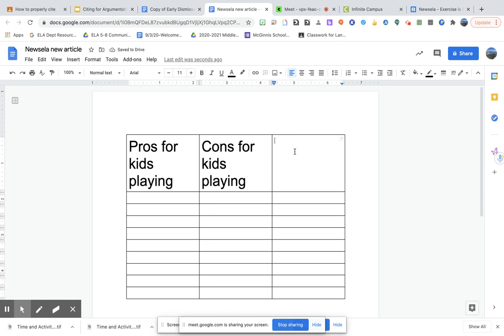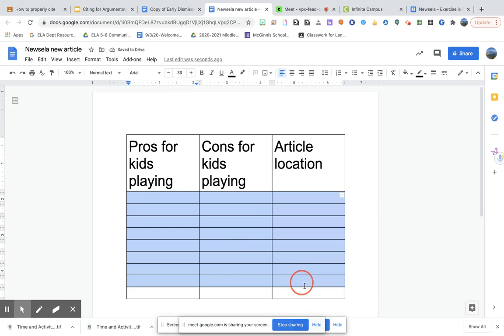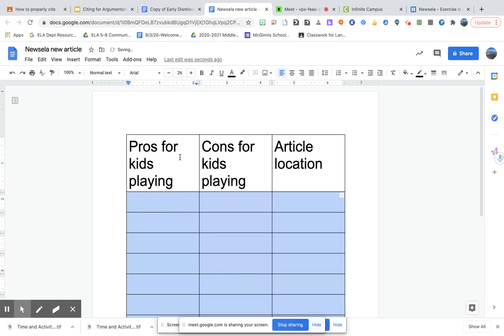And this is the article. This is what you should have.